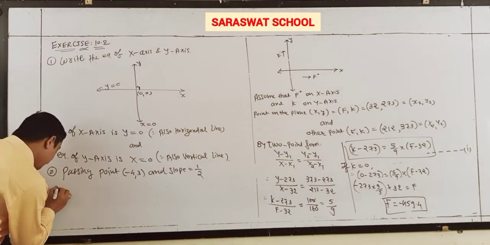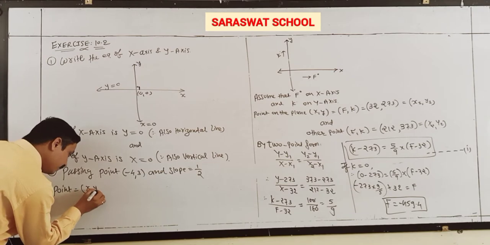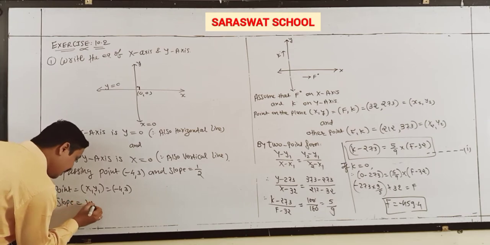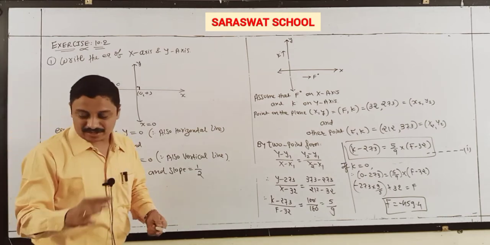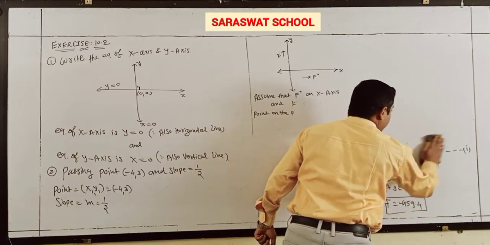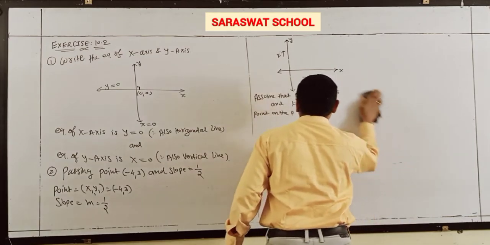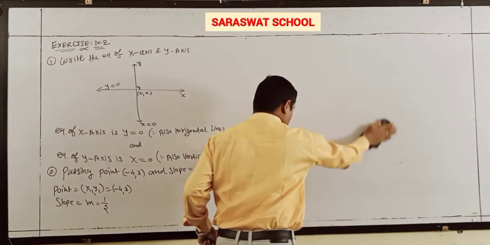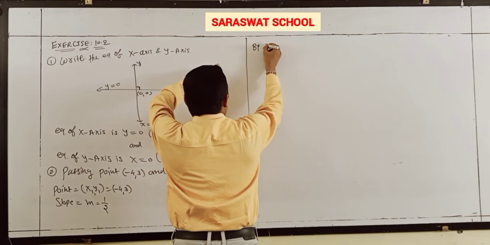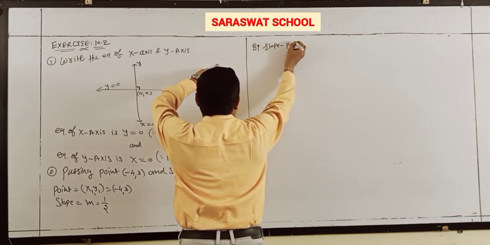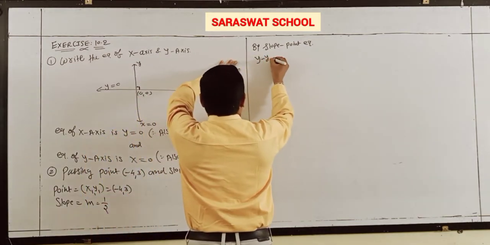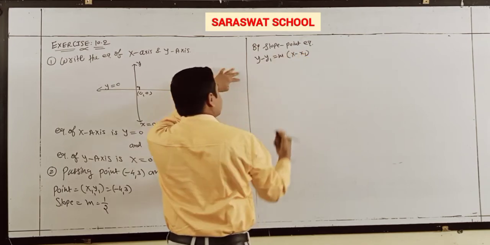So I apply here my given point, which is x1, y1, that is minus 4, 3, and the slope is m, half. And in a simple way you can operate, students, our formula is the slope point equation, either point slope equation, y minus y1 is equal to m into x minus x1.